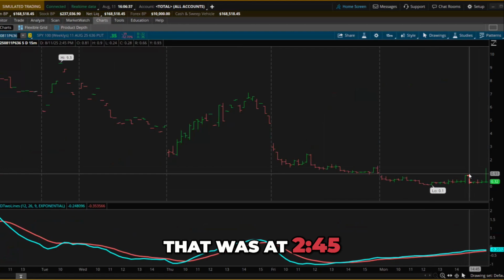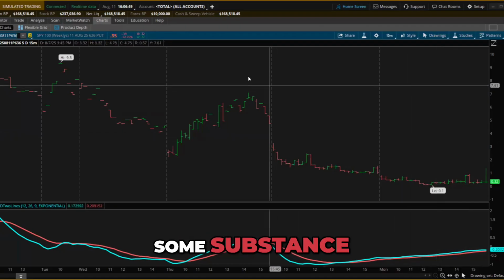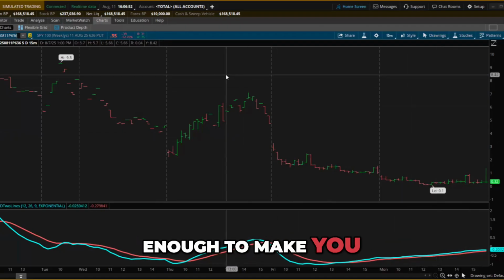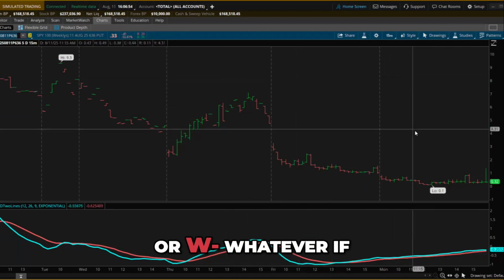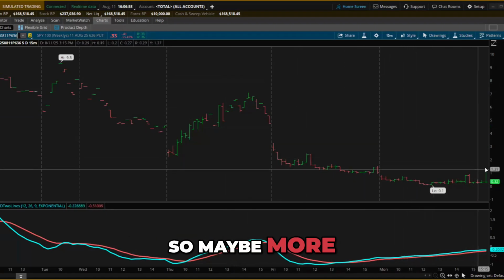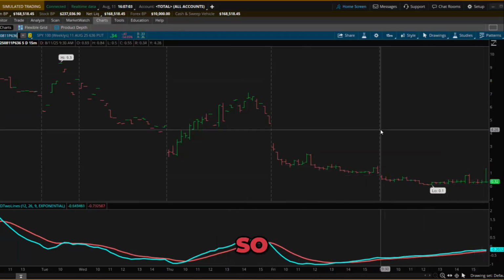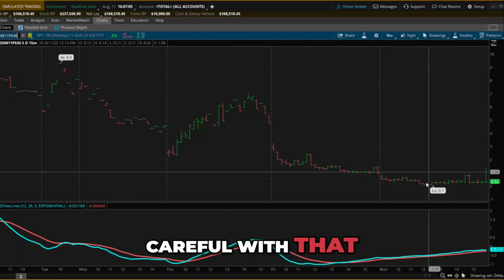That was at 2:45. So about 2.5 hours or so into the move there, you had some substance. So enough to make you 9 times your money, or whatever, if you had held on for the rest of the day, so maybe more, but it moves up and then moves back down quickly. So you got to be really careful with that.